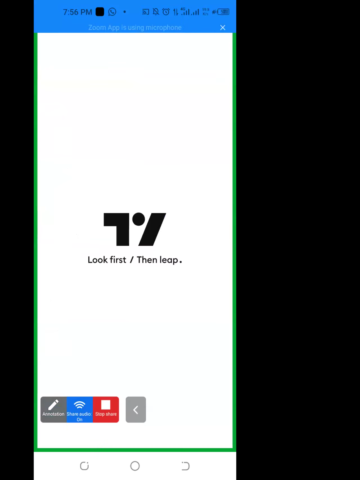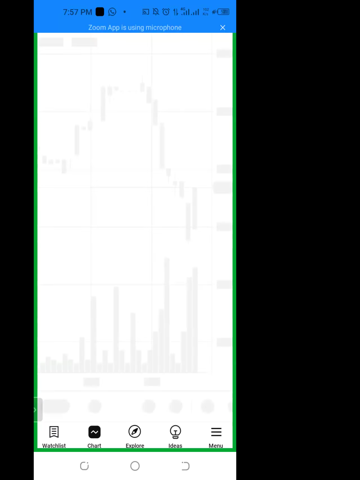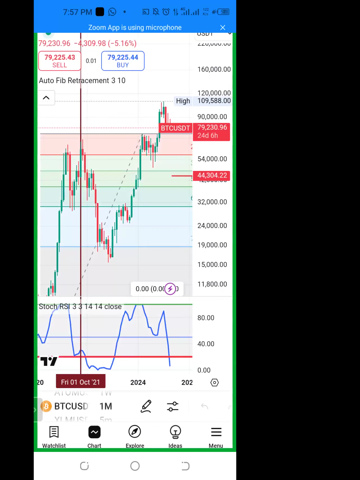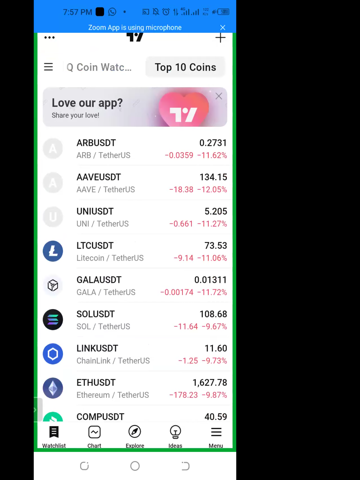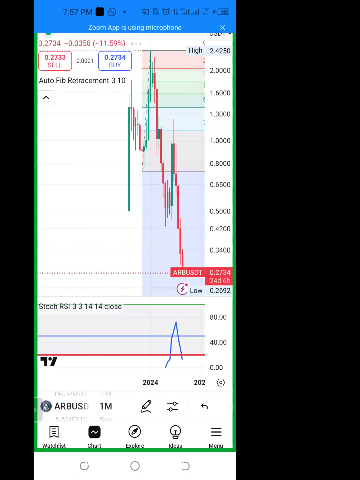So I will just be showing us some examples along that oversold region. The oversold region is the bottom part of that stochastic RSI indicator. It shows the movement of the coin. If I go to that, at any point in time, it reaches this 1 month.